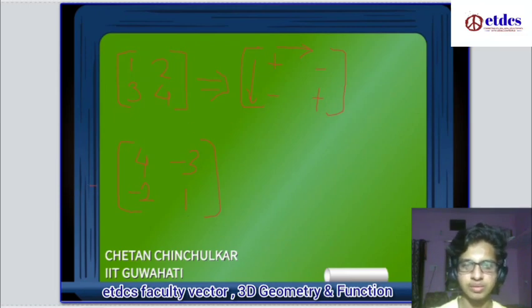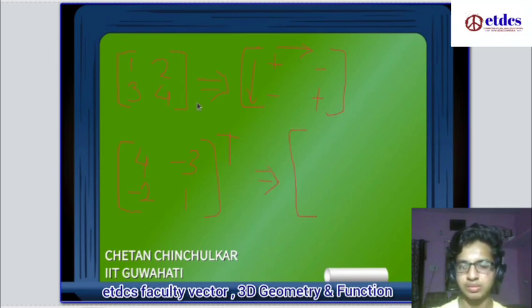Okay, we have got the matrix of cofactors. This is A, and we have got the matrix of its cofactors. Now we do its transpose.